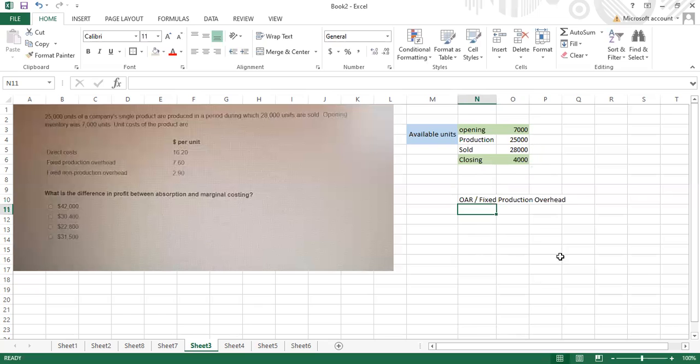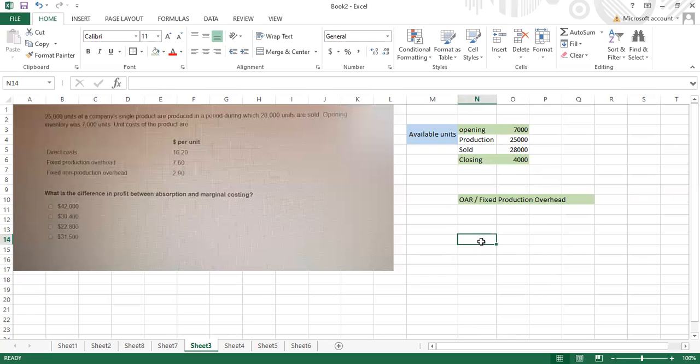This is what you need, right? So I was saying that you need these three. If this data is available, you can easily get the answer. Let's see how. There is a formula to get the profit difference of absorption and marginal.